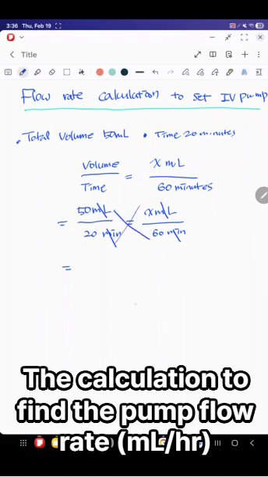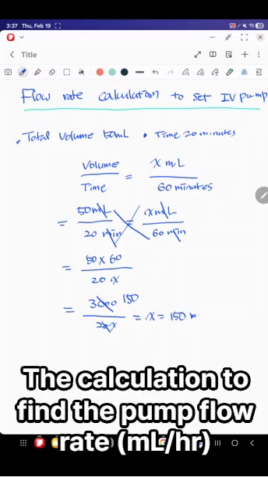So I'll calculate this way, and 50 multiply 60 divided by 20 x. So the upper number will be 3000 divided by 20, and it's gonna be 150. So x number is 150, and this is gonna be the flow rate volume, and it's gonna run for 1 hour. So we have to set IV pump 150 milliliter per hour.